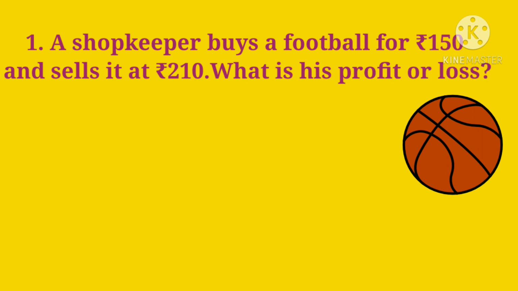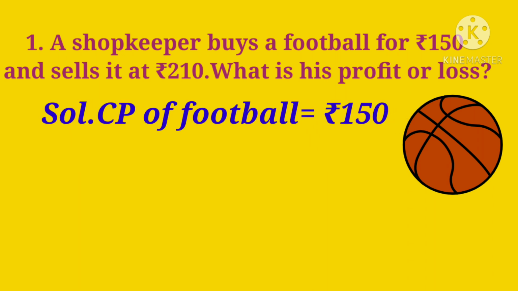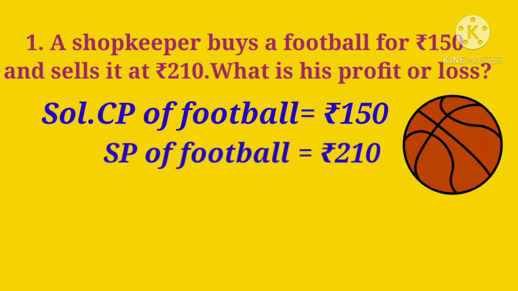So the first question is, a shopkeeper buys a football for rupees 150 and sells it at rupees 210. What is his profit or loss? In the given question, the cost price of the football is rupees 150, whereas the selling price of the football is rupees 210.